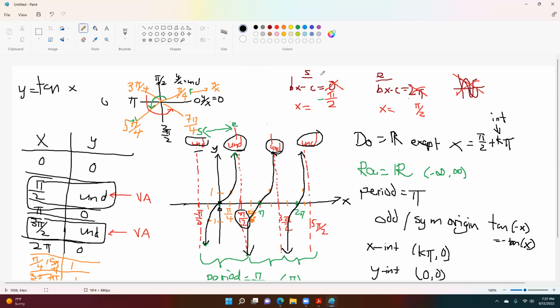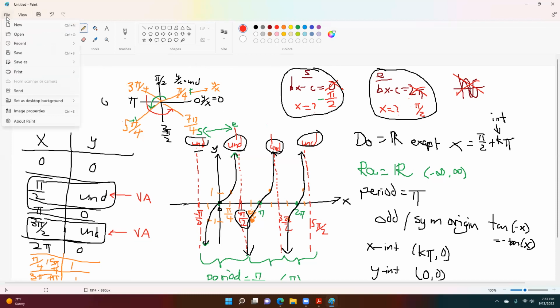So that's the reason why, when you do the starting point and ending point, we start from bx minus c equals negative pi over 2, and we end at pi over 2. Then you solve for x in this case. So we will do some examples on this tangent piece. This actually looks difficult, but it's not as tough as sine and cosine.